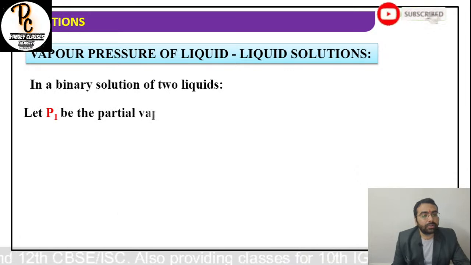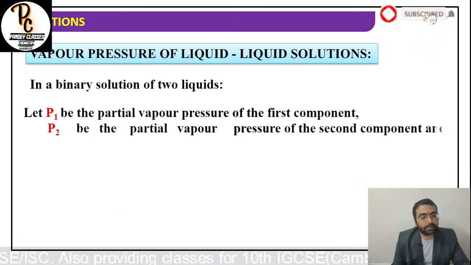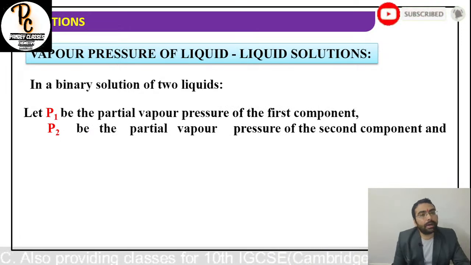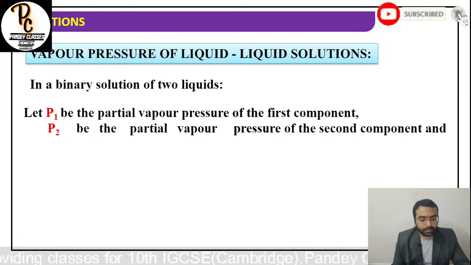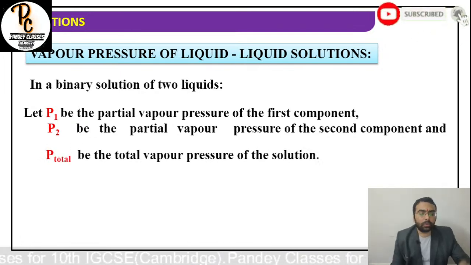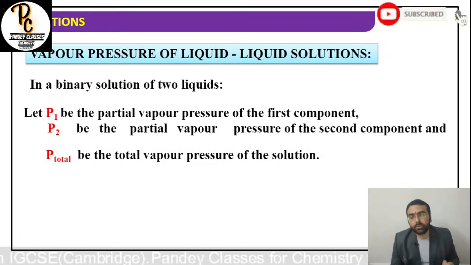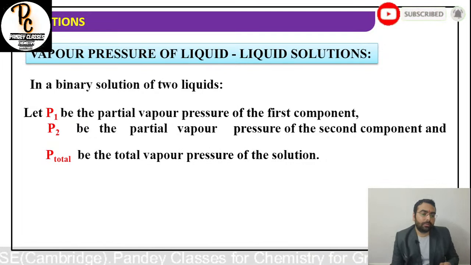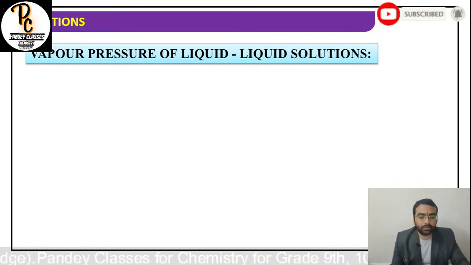And in a binary solution of two liquids, let us say P1 is the partial pressure of the first component and P2 is the partial pressure of component 2, and the total pressure exerted on the walls of the container is equal to the sum of the partial pressures of component 1 and component 2.